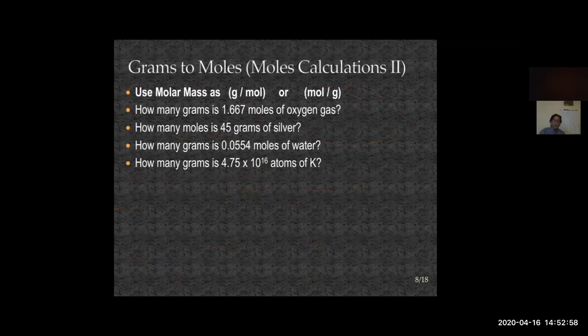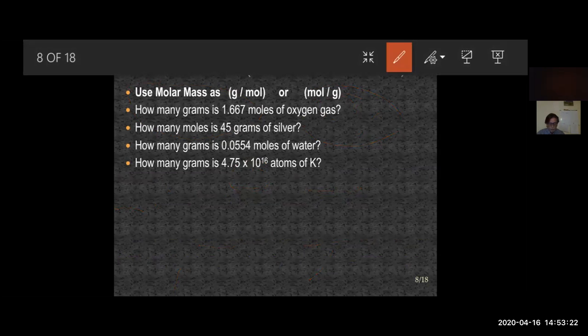Now, in these examples, we're asked to do grams to moles calculations, and use the molar mass as grams per mole or moles per gram. So the first one says, how many grams is 1.667 moles of oxygen gas? Now, the thing to remember is oxygen gas.